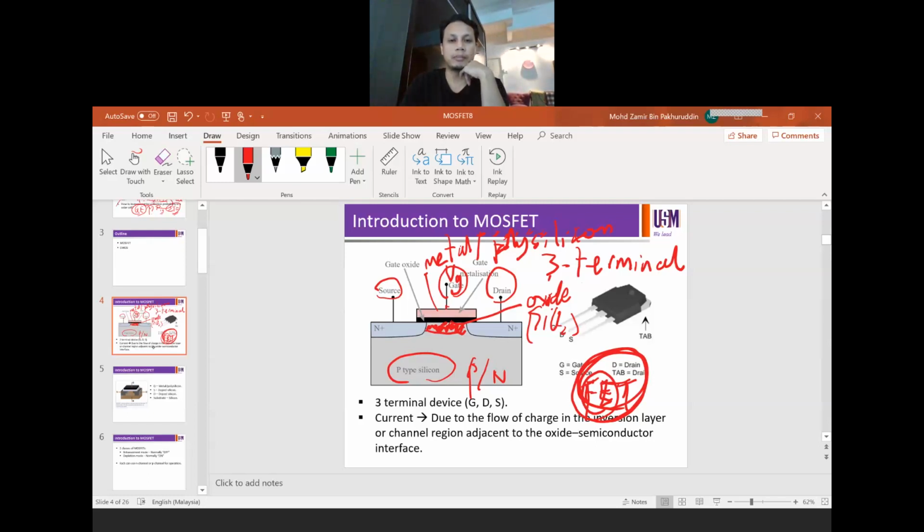So that's why we call it metal oxide semiconductor field effect transistor. You can understand the structure by looking at its name. If you look at MOSFET, try to explain to yourself why it is called MOSFET, and these are the things.